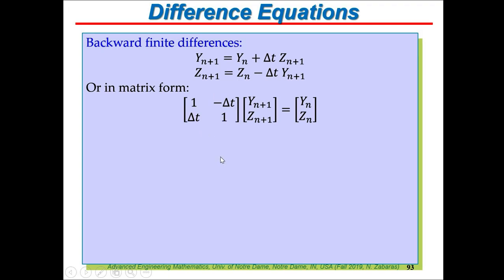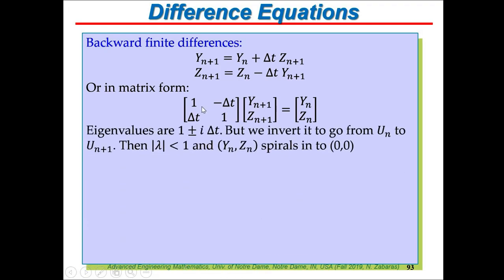Keep that in mind. So if you compute the eigenvalues of this matrix, the eigenvalues are 1 plus or minus i delta t, and someone will say that's bad news because the magnitude of these eigenvalues is also greater than 1, and so the solution will diverge.